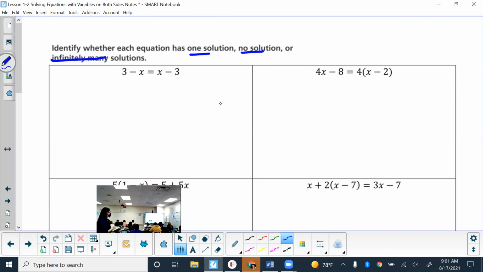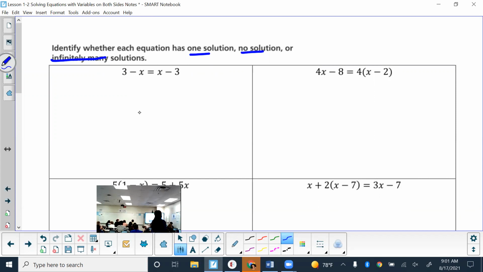So let's look at this first one together. Do we need to distribute in this one? So then move on to step 2. Do we need to combine like terms in this one? We'll check each side of the equal sign. All right, no like terms on the left, any like terms on the right.